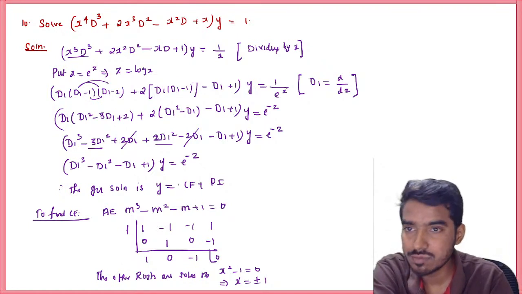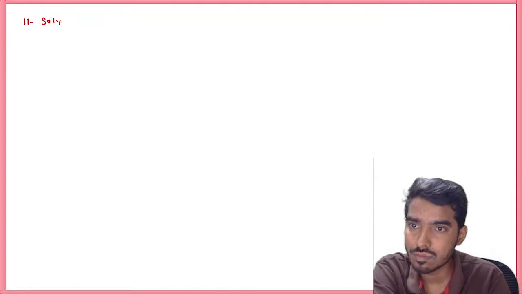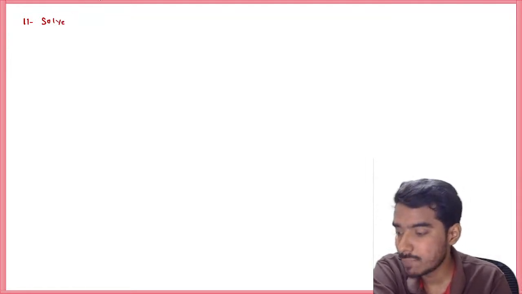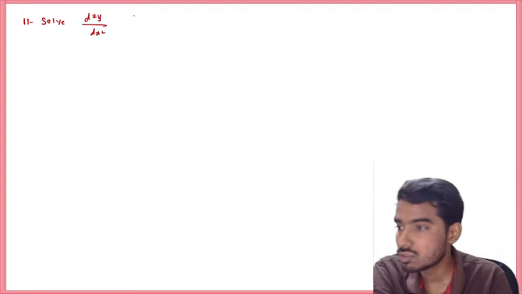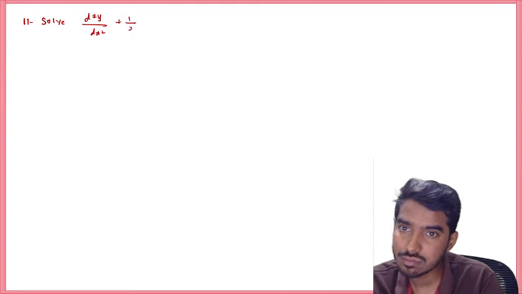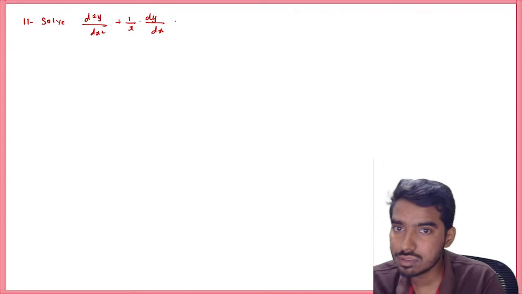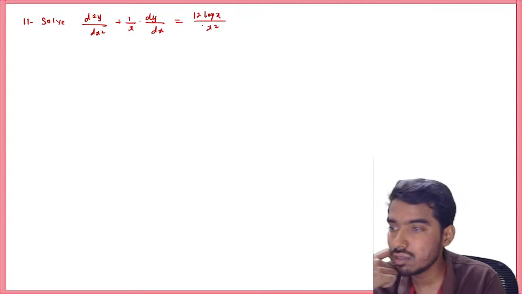Okay, so we'll move on to the next problem. Solve d square y by dx square plus 1 by x dy by dx is equal to 12 log x by x square, right?